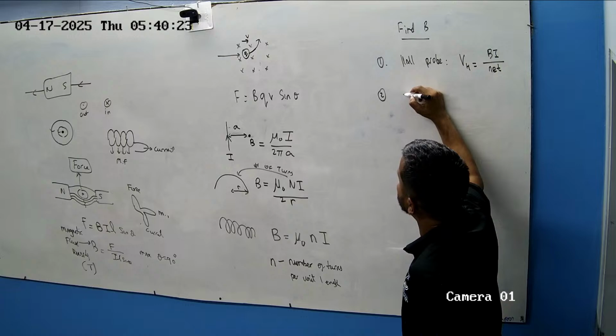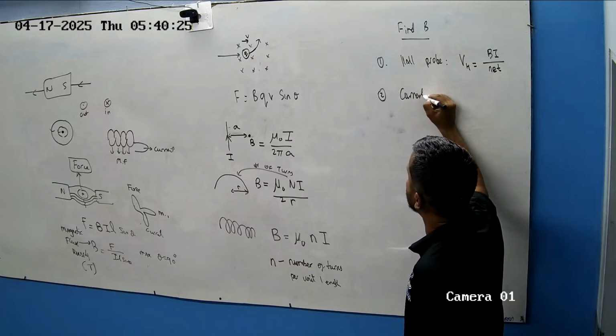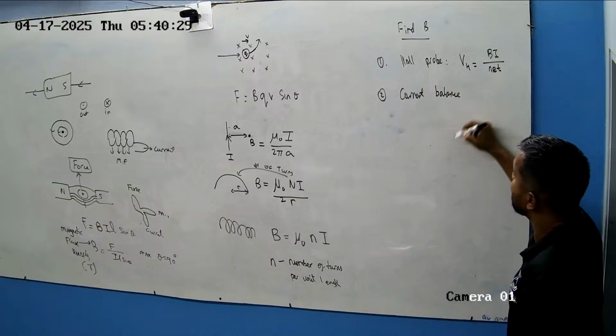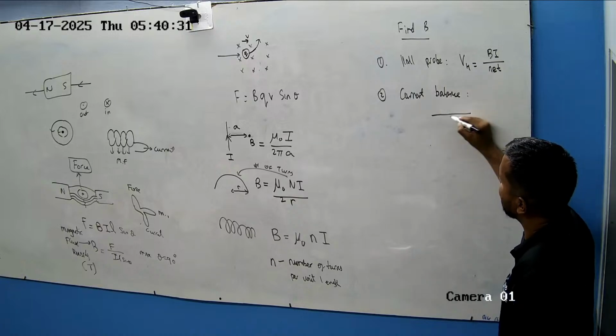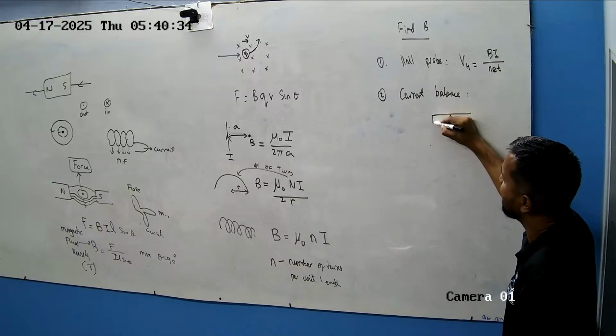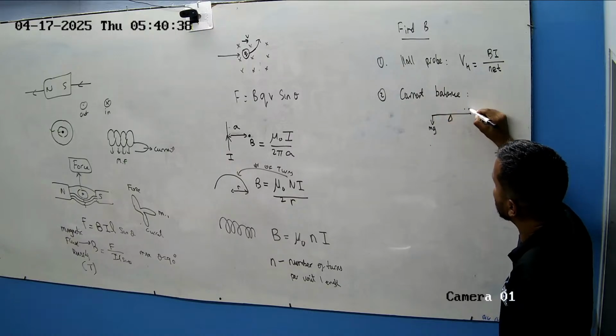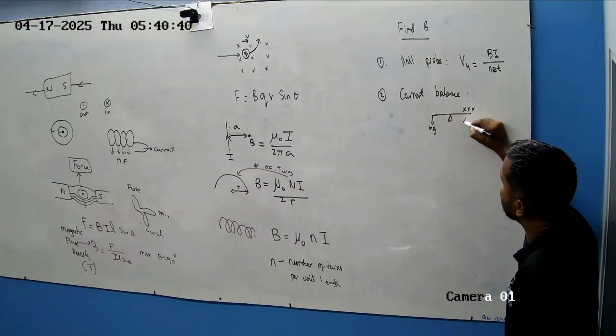And the next technique that you can use is something called the current balance. Current balance basically is something like this. Simple diagram here. If you have the weight mg and you place a current carrying conductor in a magnetic field, it will experience a force.